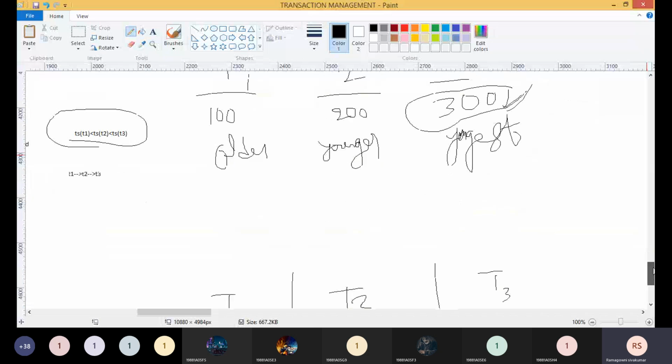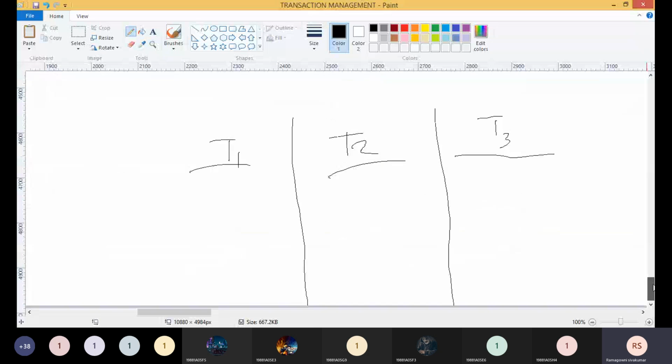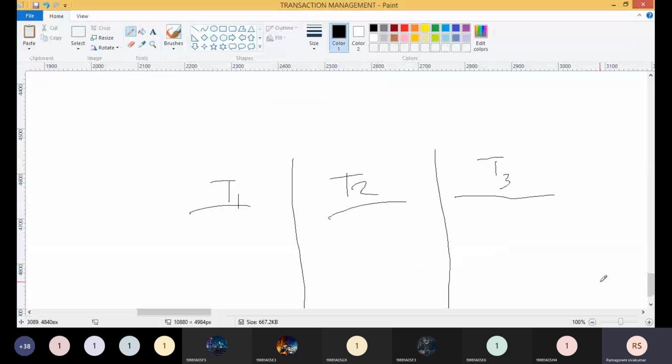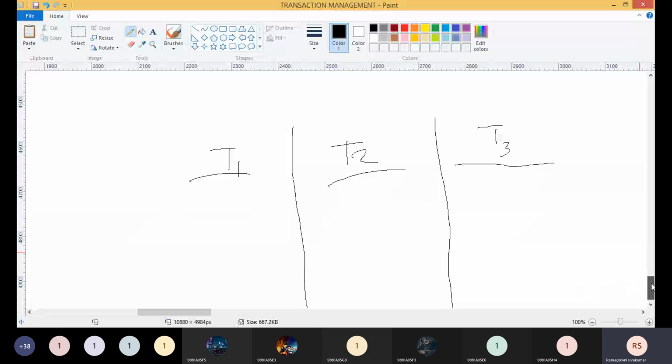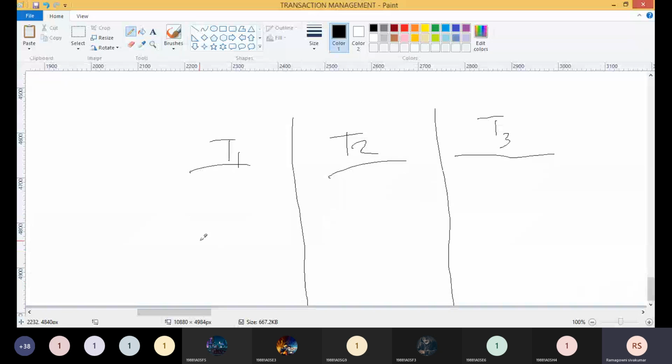If you are performing read and write operations, just now explained, right? Read timestamp and write timestamp. Based on that we can explain this also. So I'm going to perform one operation. I'm going to perform one read operation.